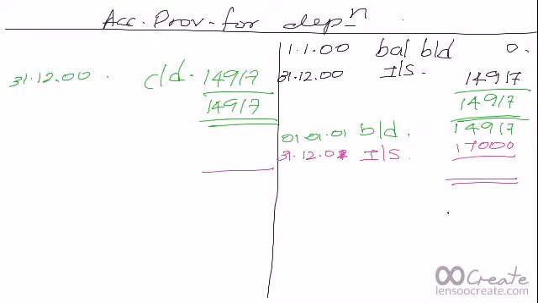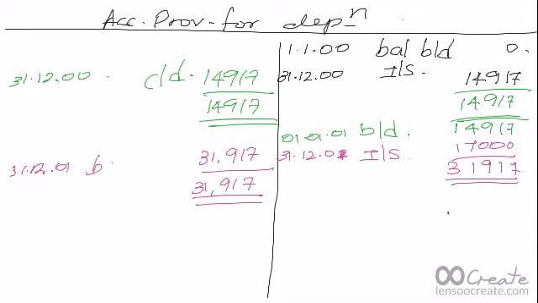Let's balance this. 14,917 plus 17,000 is 31,917. 31/12/2001, balance carried down. 1/1/2002, balance brought down, which is 31,917. Now let's calculate for the third year.